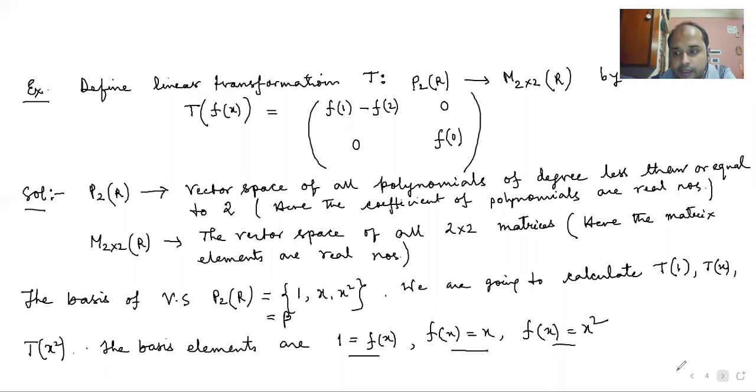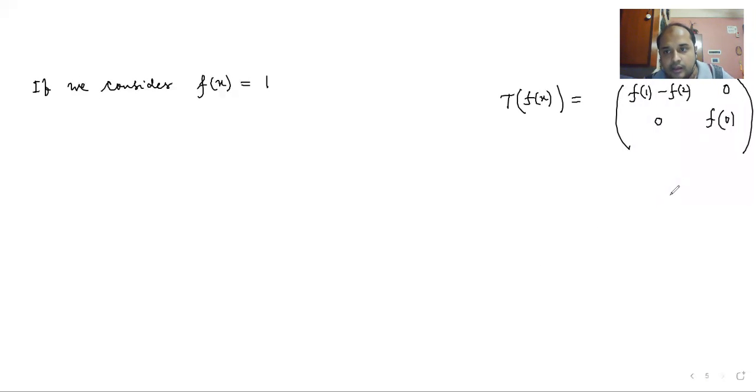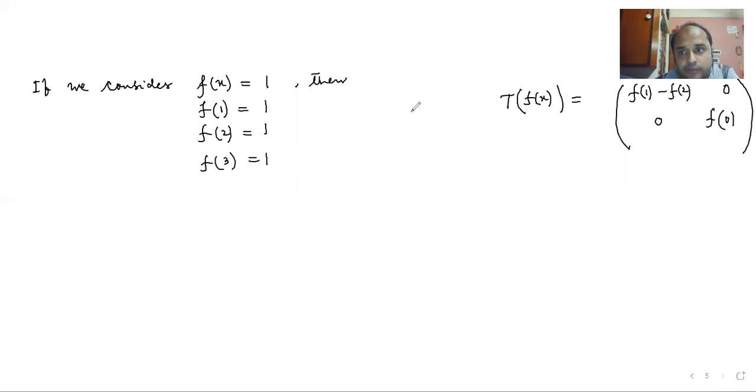So if f(x) equals 1, then f of 1 is 1, f of 2 is 1, f of 0 is 1.